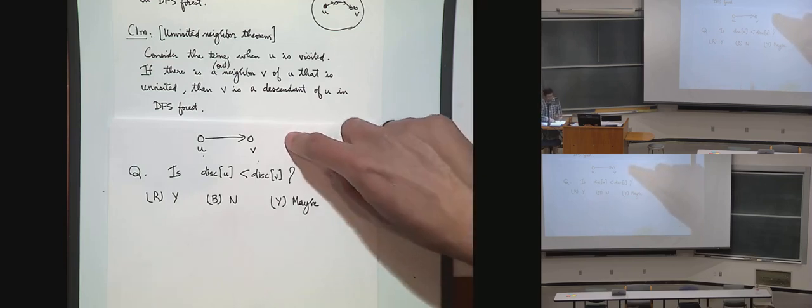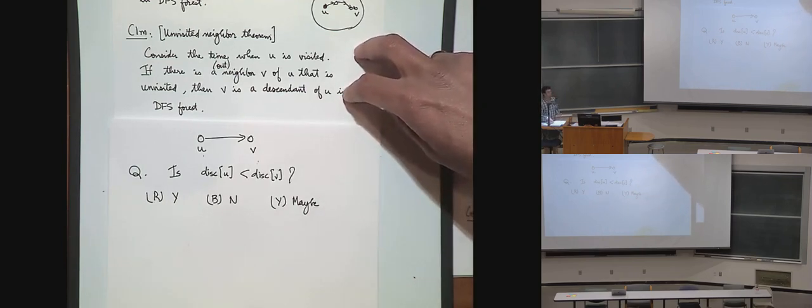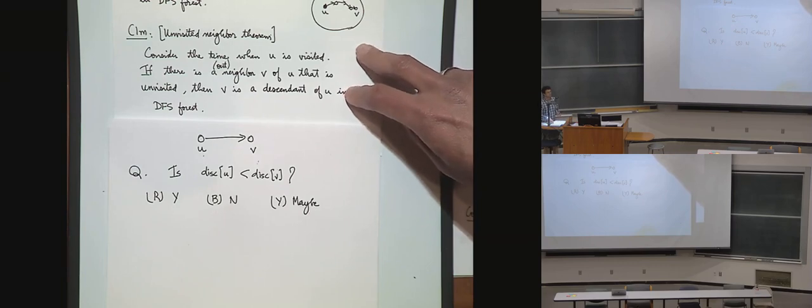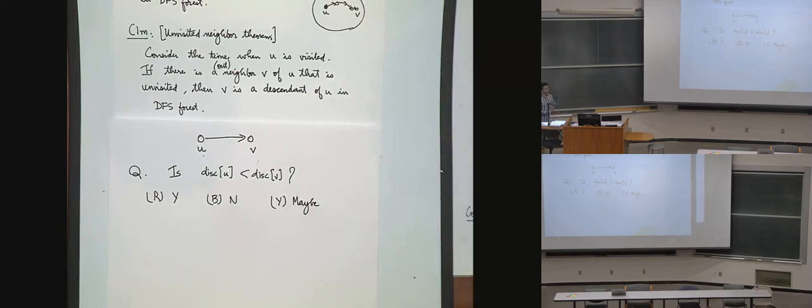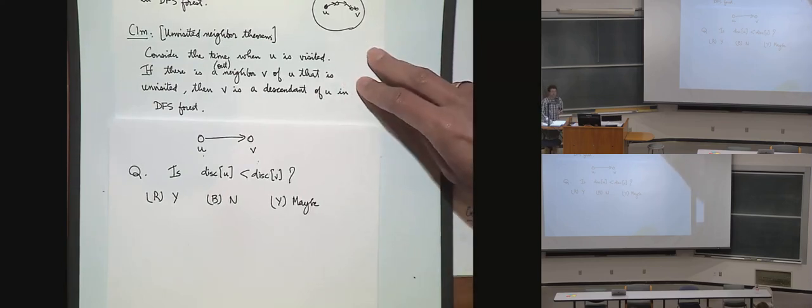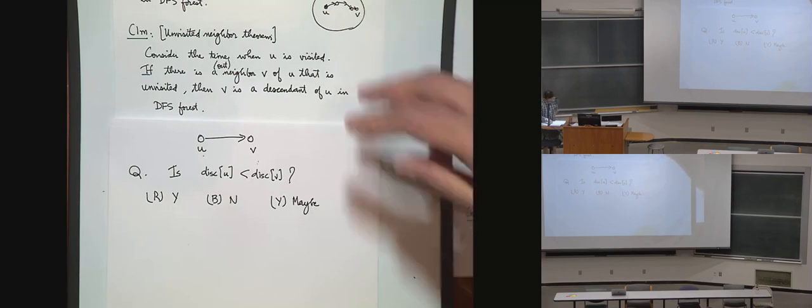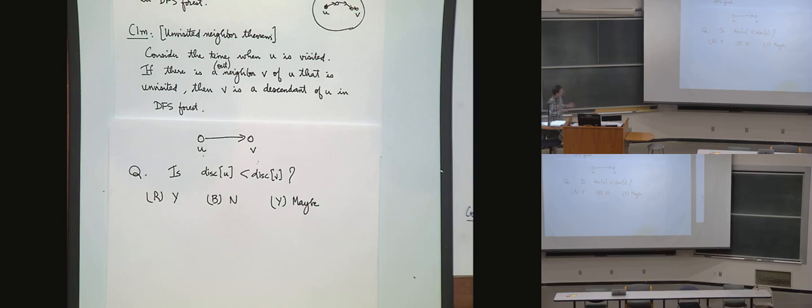Again, consider the situation in this theorem, U and V as given in the claim. Is this true or not? We are proving the claim, not assuming the claim. Is the discovery of U less than the discovery of V? I'll give you a couple minutes. Okay, what is the answer?